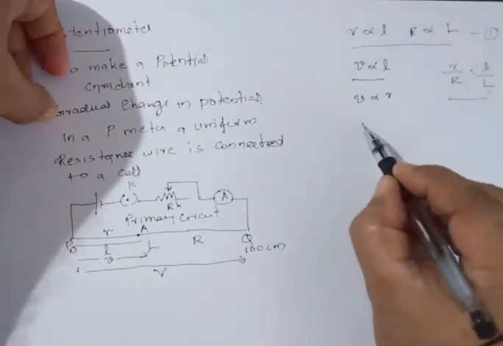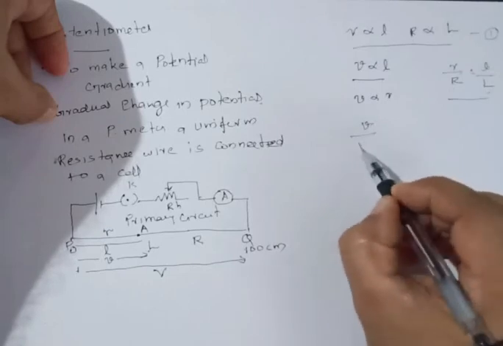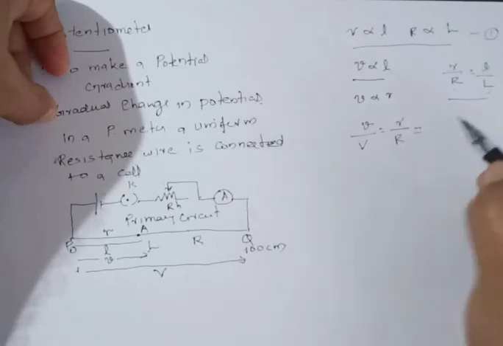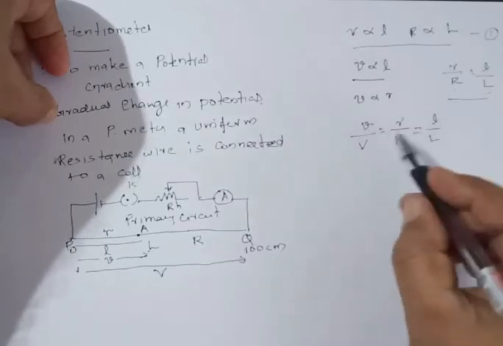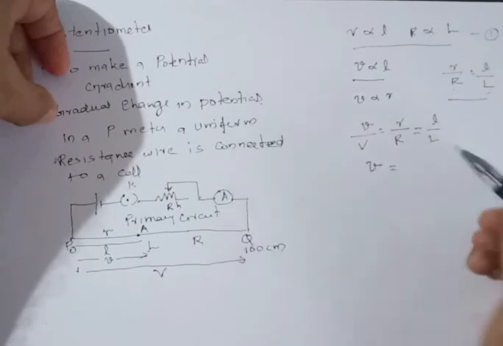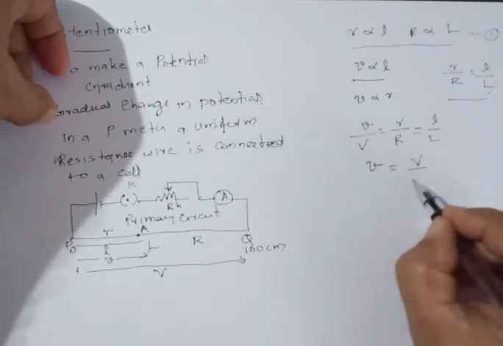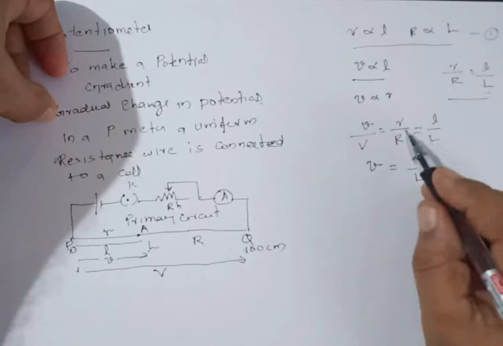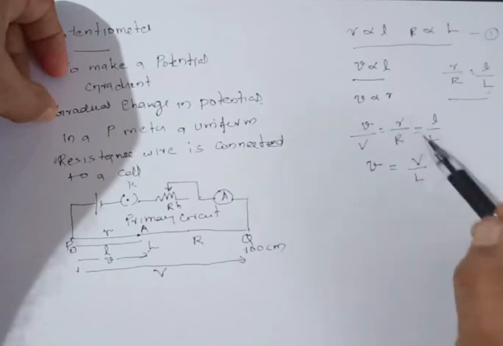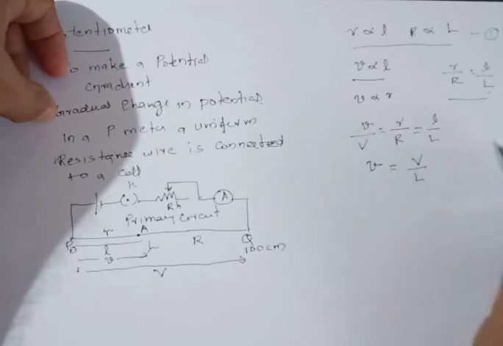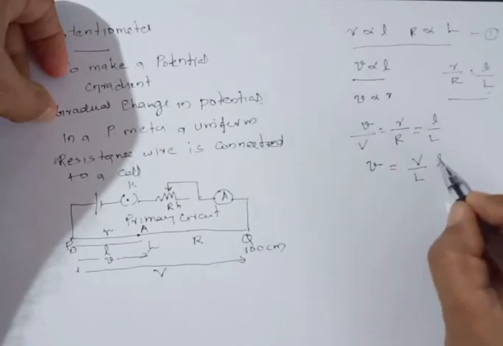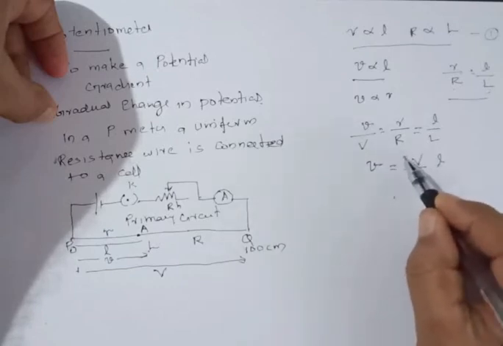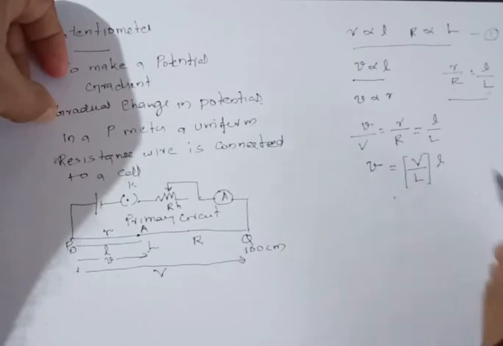And also we know that v upon V is equal to r upon R, that is equal to l upon capital L. So v, the potential drop between any 2 points in the potentiometer wire, is equal to V upon L times l. This quantity V upon L is called the potential gradient.